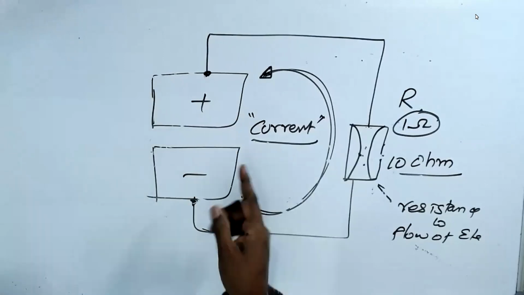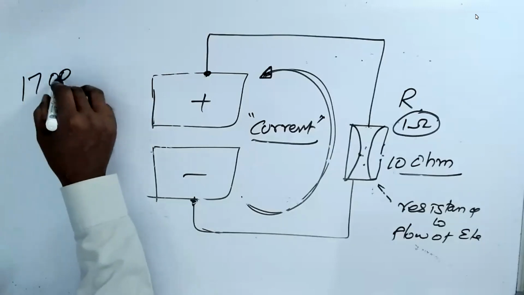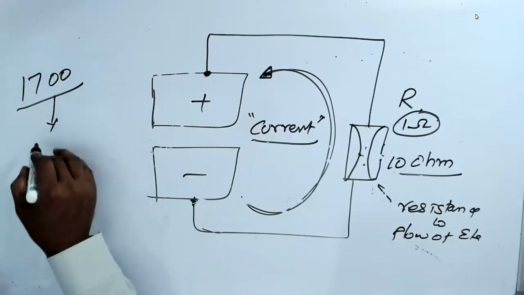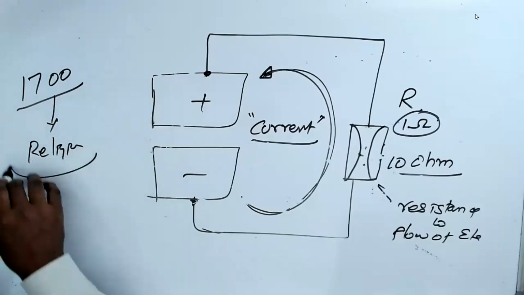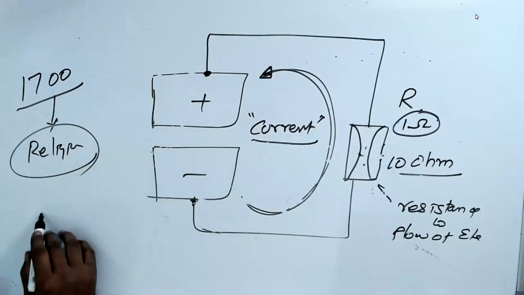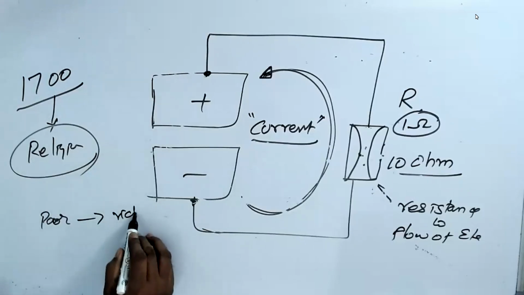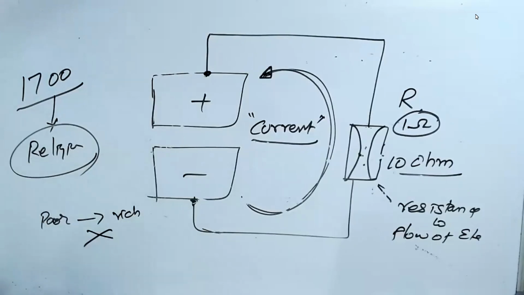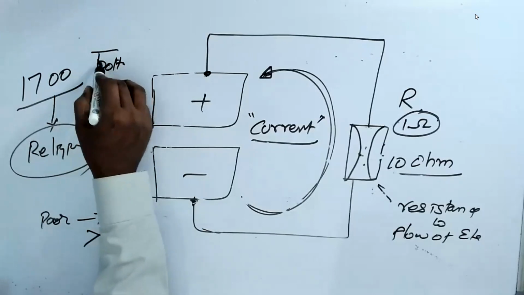But unfortunately, in the 1700s, the whole world was with the religious people. Then the scientists said, how can a poor give to the rich? Am I right? That's not possible. How can water go from bottom to top?